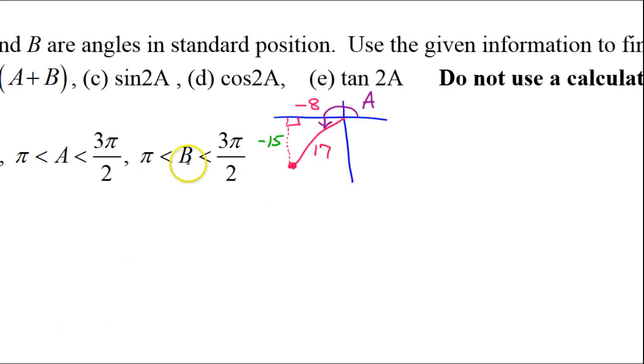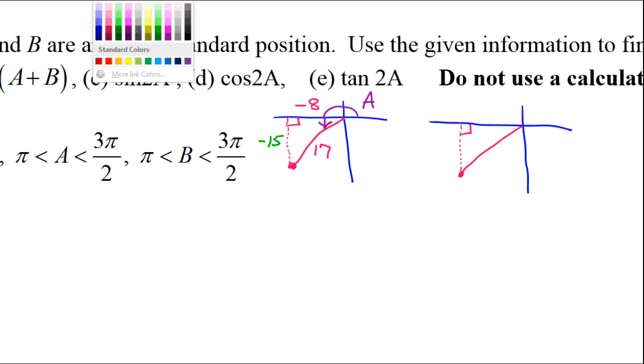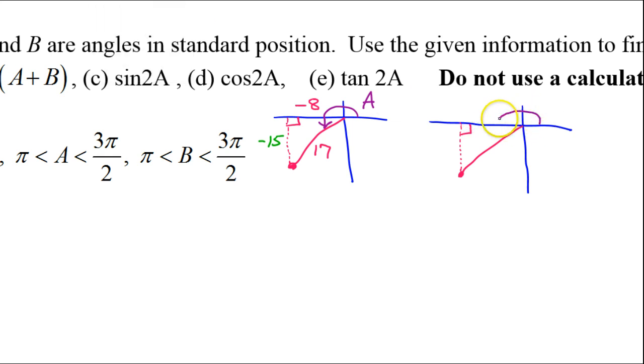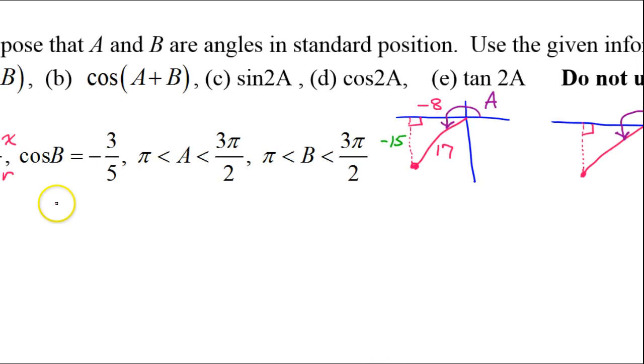Now we need a similar diagram for angle B, which is also between pi and 3 pi over 2, so that will also be in the third quadrant. That's going to look very similar. In this diagram we're dealing with angle B. What fact do I know about angle B?